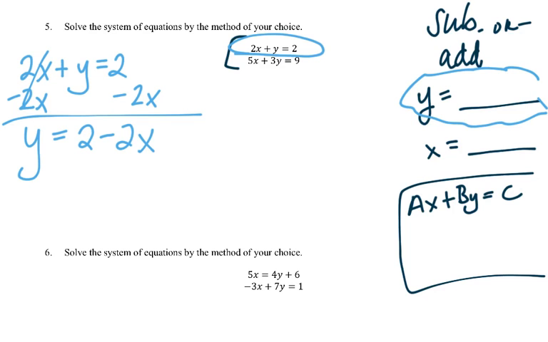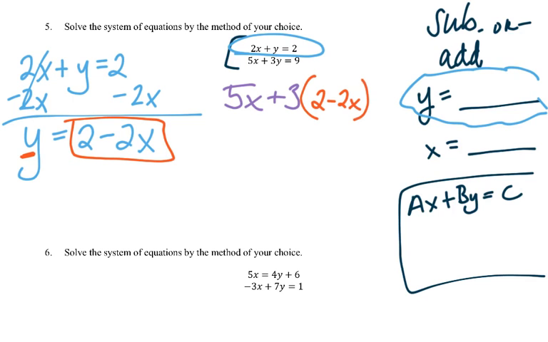In the second equation, I can replace y with 2 minus 2x. So the second equation is 5x plus 3 times the quantity 2 minus 2x, equals 9.